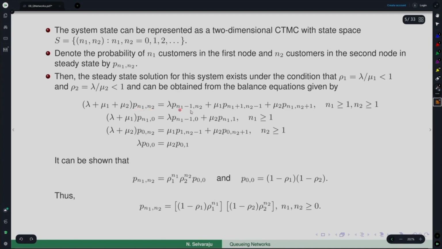You could have been in (n1 minus 1, n2), and there could be an arrival to the first stage, to bring the state from (n1 minus 1, n2) to (n1, n2).